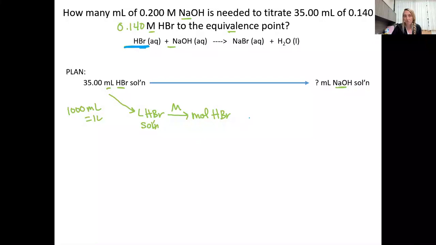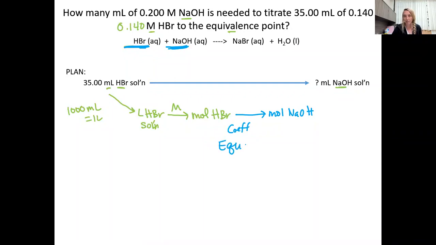So because I have moles of HBr, I can convert from moles of HBr to moles of sodium hydroxide. So 1 mole of HBr equals 1 mole of sodium hydroxide. And I use the coefficients to do that, right? This is where my equivalence point is.